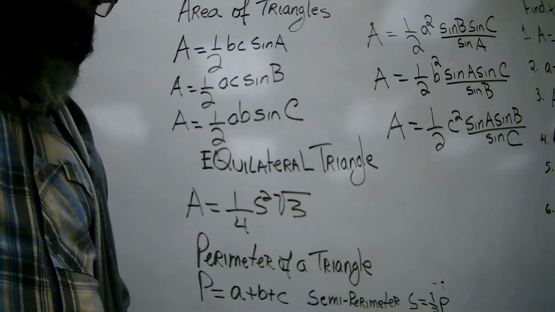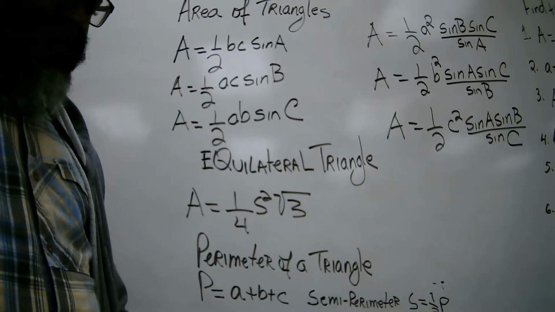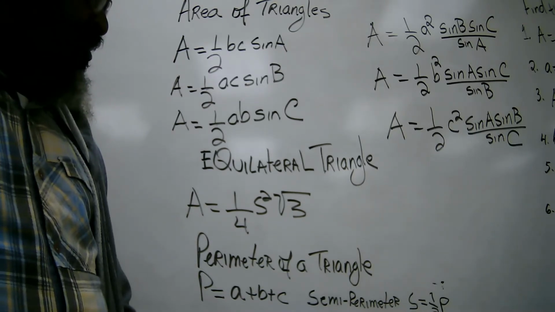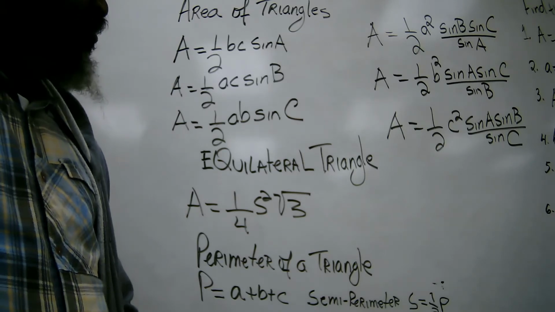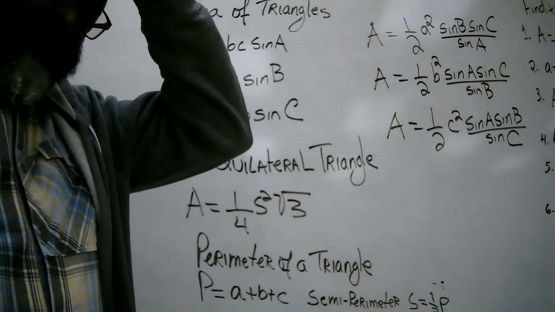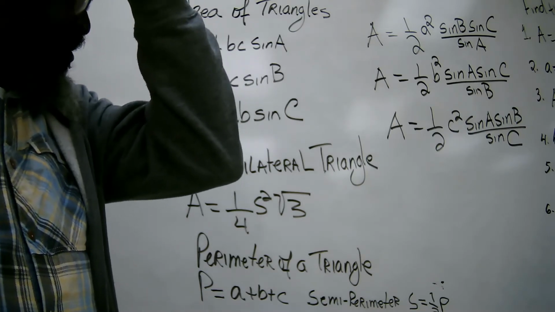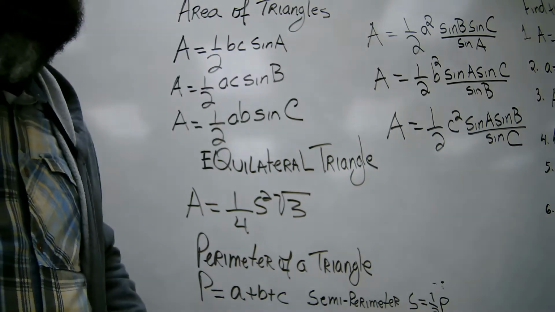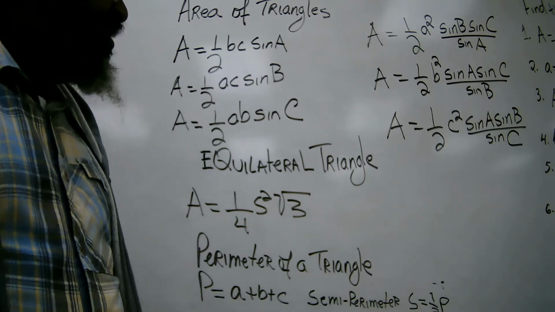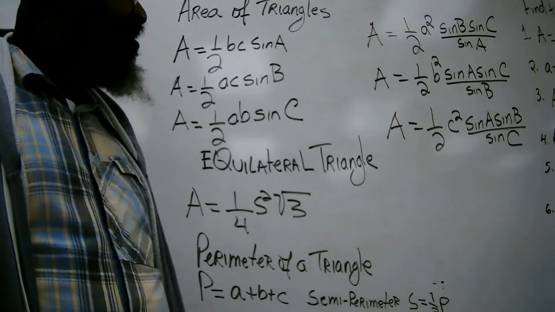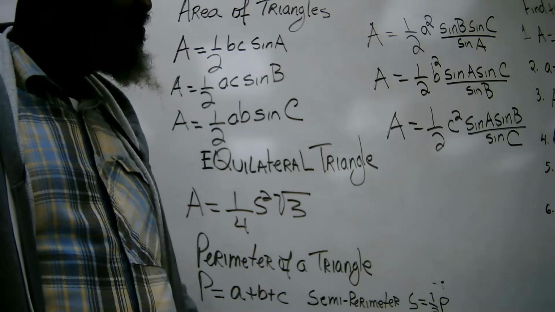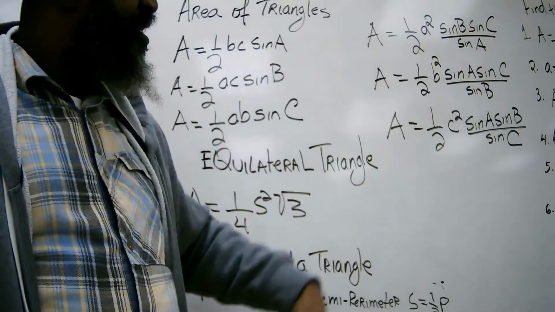Remember that area is expressed in square units. So you just need to see what you have, what is being given. When you only know one side of the triangle and you know all three angles, you can use this one.